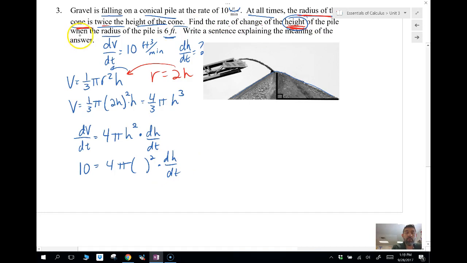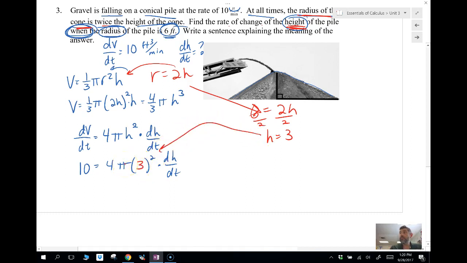I know that the when is when the radius is 6. So how do I find height? Well, I know the radius is 6, and height is going to be 3 by using this right here. So I'm going to plug that right there. 3 squared. Pretty nifty, huh, guys? Hopefully you see that there's a pattern involved, right?